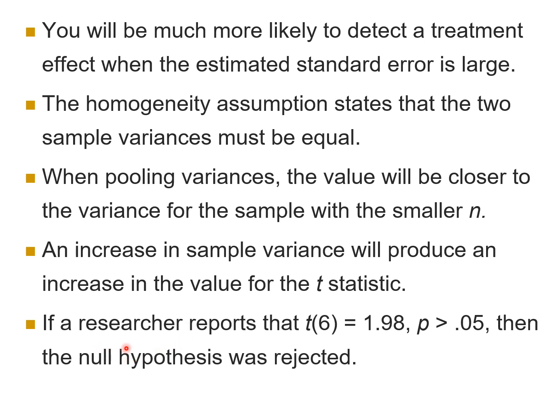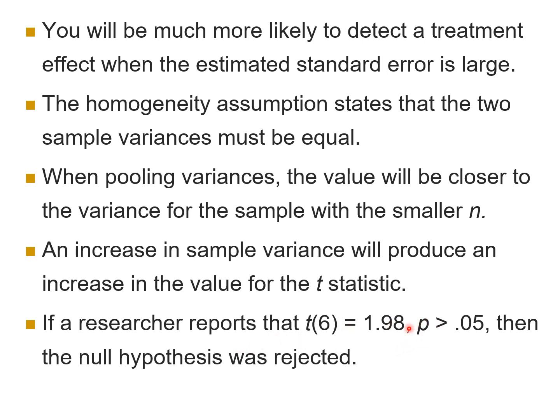Also, t of 6 equals 1.98, probability is greater than 0.5. This means there's a greater than 5% chance we've made a type 1 error. So this would have to be probability of less than 0.5 for us to reject the null hypothesis.